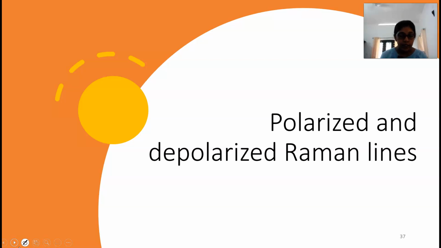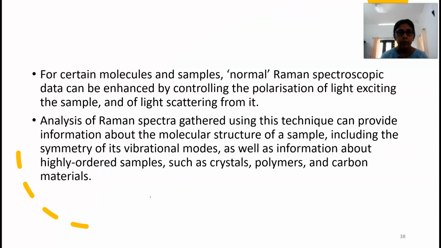You can study various crystals, carbon-based materials, polymers, etc. using polarized Raman spectroscopy. And going further, for certain molecules and samples, normal Raman spectroscopic data can be enhanced by controlling the polarization of light exciting the sample and of the light scattering from it.